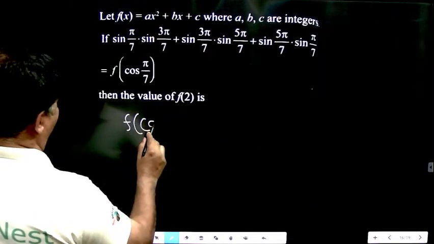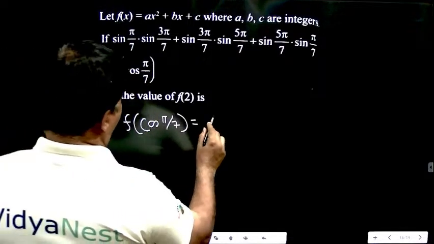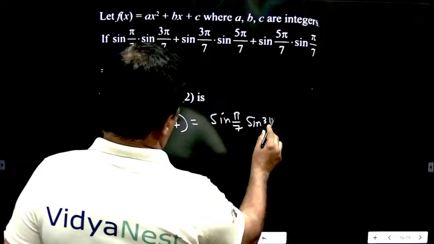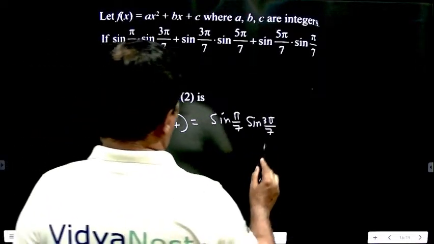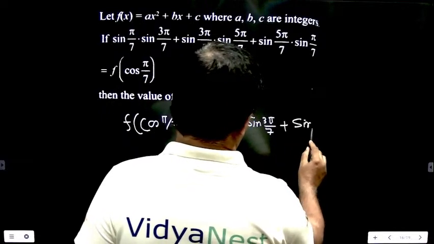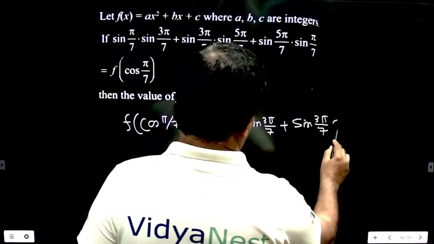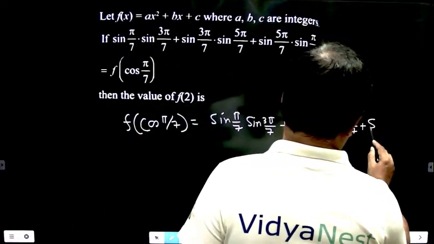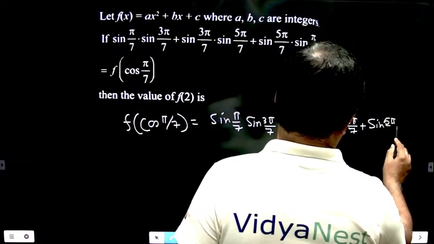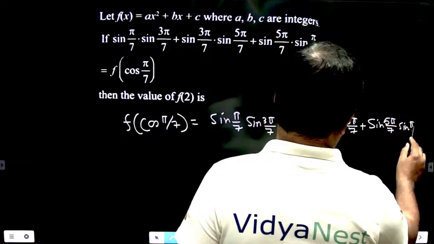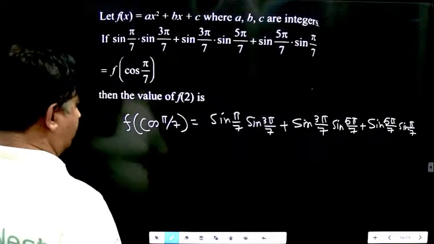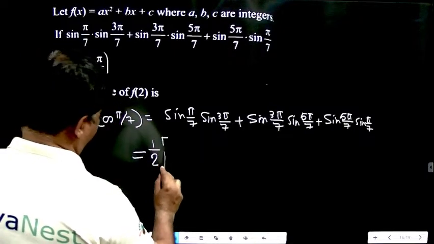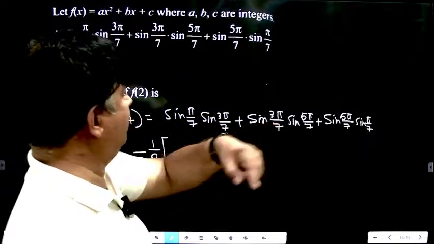Yes, sir. f of cos pi by 7 is equal to sine. Now divide by 2, multiply by 2.